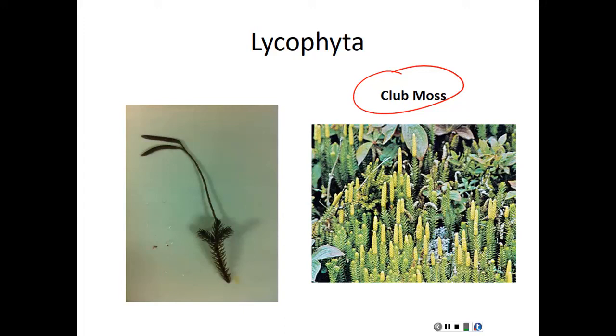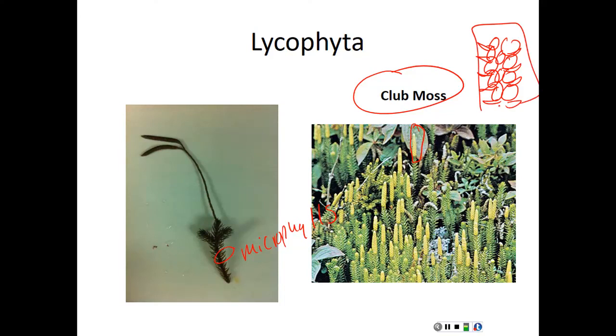The Lycophyta have microphylls, so just one strand of vascular tissue. The Lycophyta also have terminal strobili. So we have a number of sporangia that are clustered together. A lot of times there'll be a small leaf tissue that we would call the sporophyll underneath the sporangia, but it's clustered together in this terminal structure known as a strobilus.